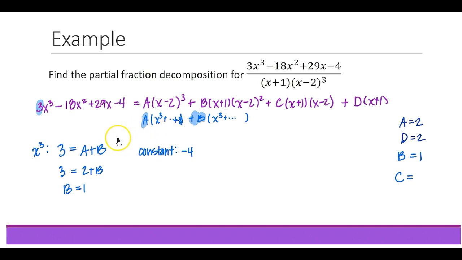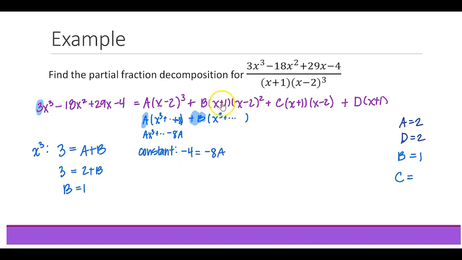And then if I distribute this a in, I'd get ax cubed plus dot dot dot minus 8a. So that's, again, a negative 8, so plus negative 8. And then this a would distribute. So the constant term would be negative 8a from this piece. So I have negative 4 equals negative 8a.